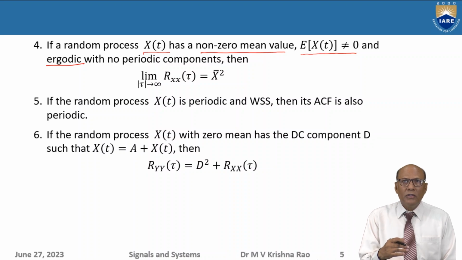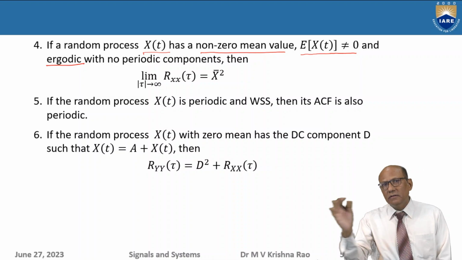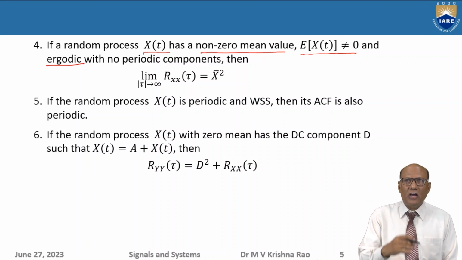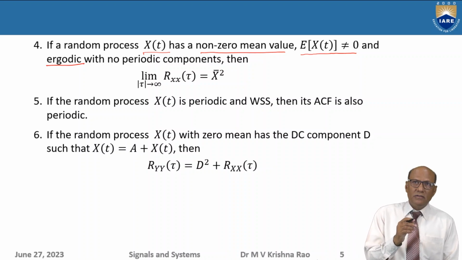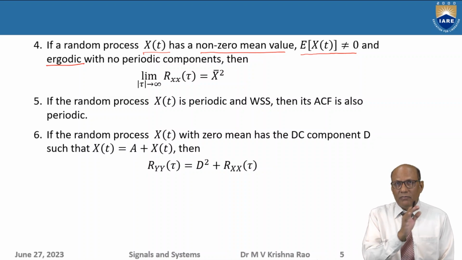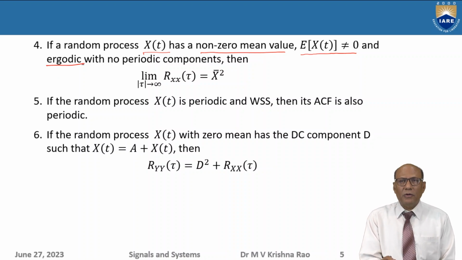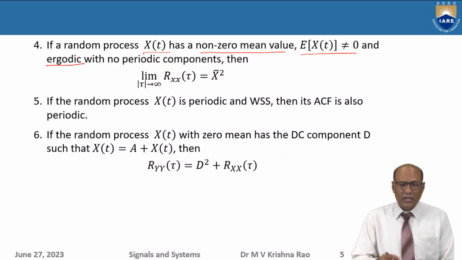Then I can take it vertically, for that I can find the autocorrelation function, and again average the autocorrelation functions. If the autocorrelation function is the same whether you take it vertically or horizontally, then you can call it an ergodic process. Ergodic process means ensemble averages are equal to time averages.